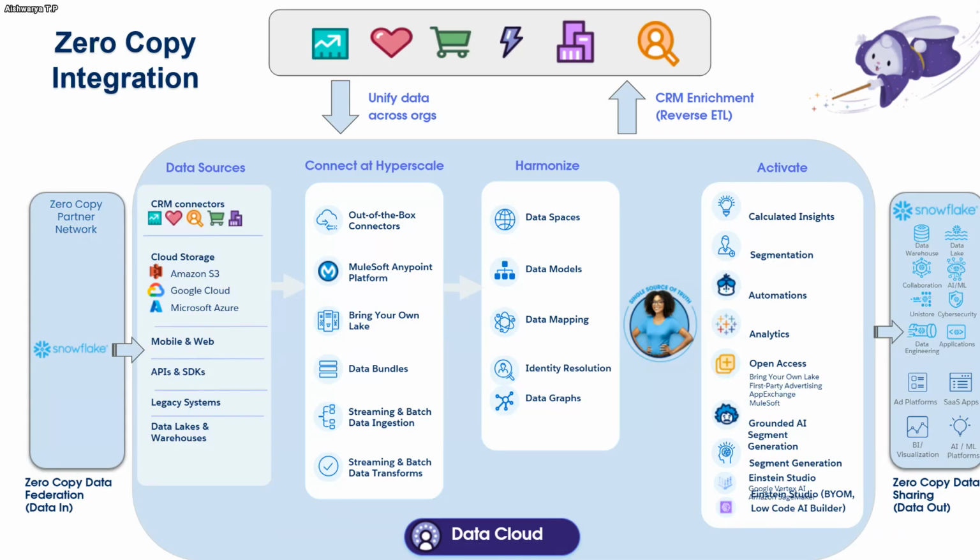And maybe data out is also, as you can see, Snowflake itself, right? So data out is also on the Snowflake application itself. But if you want to bring that activated data to some other application, you can do that as well. And as you can see, this CRM enrichment and unified data across all these things.